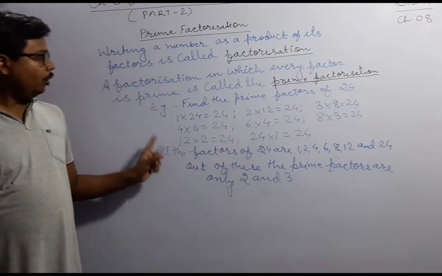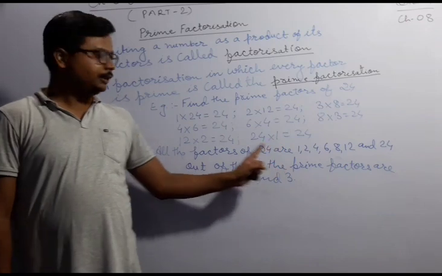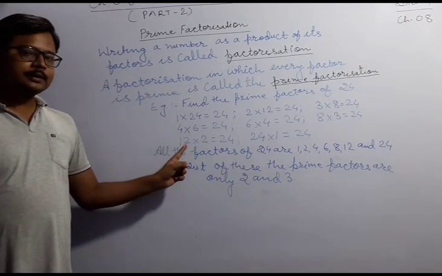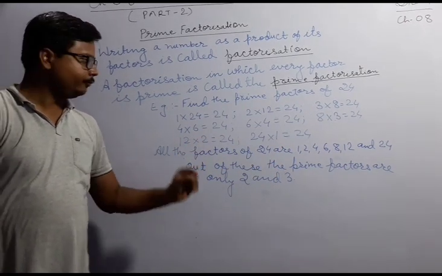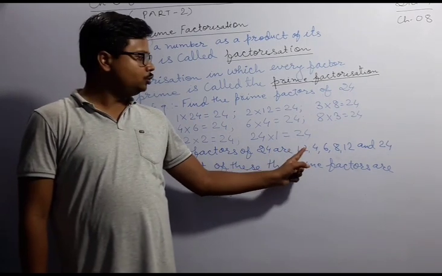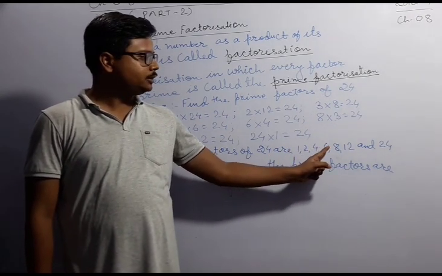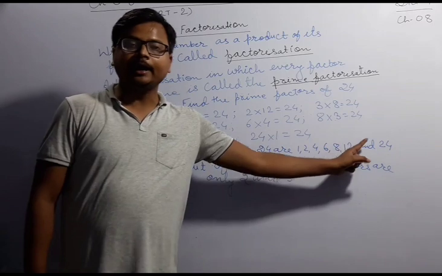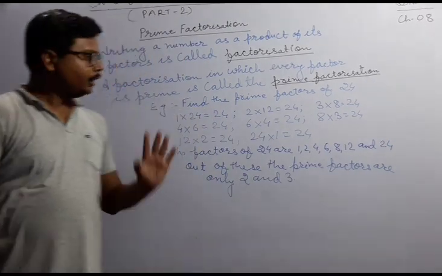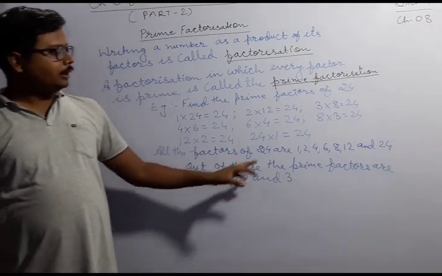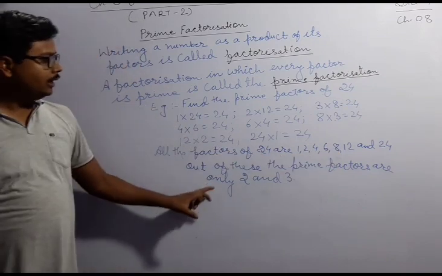Now, all the factors of 24 are, this is not prime factors, this is all the factors of 24: 1, 2, 3, 4, 6, 8, 12 and 24. Now, out of these, the prime factors are only 2 and 3.